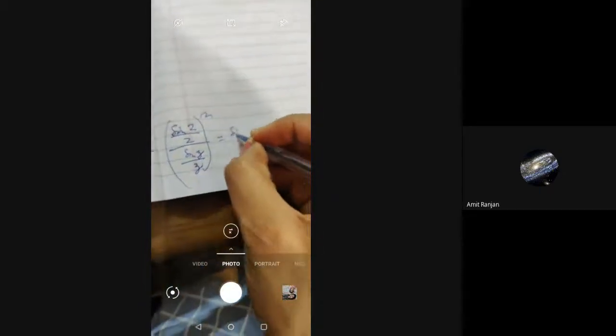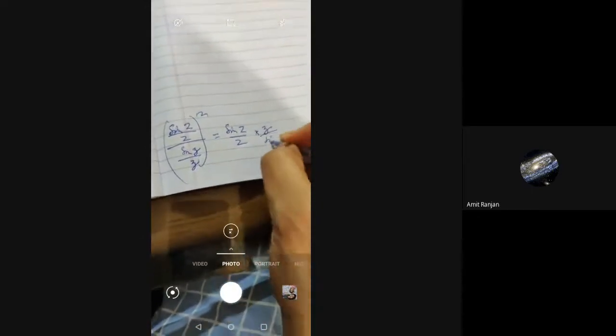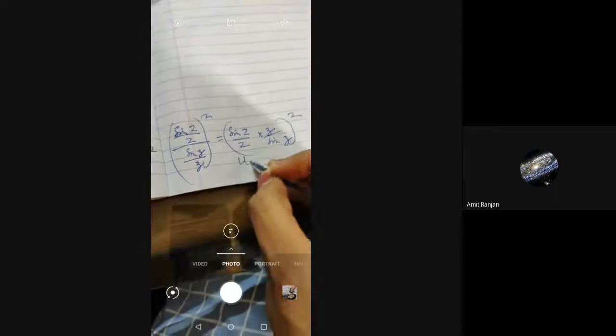So it will be sin Z by Z into small z by sin small z, squared, where U n of theta is the normalized power pattern with respect to theta equals 0 degrees.